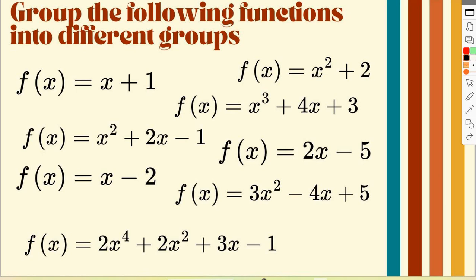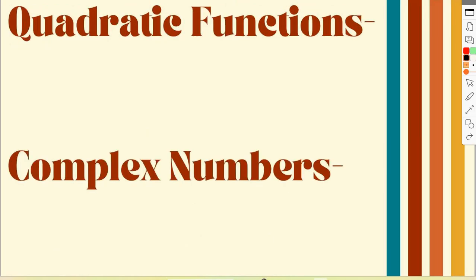And this time you're going to group your functions together in whatever type of groups you want. Which one of our degrees gives us quadratic functions? 4? Not 4. Go the other way. 3?